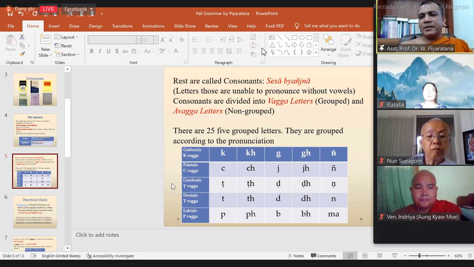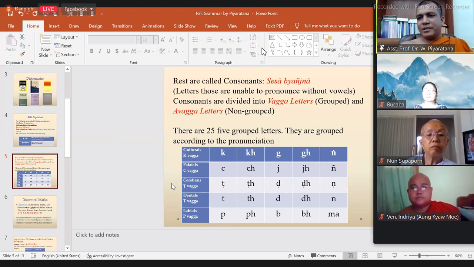I think most of the students who know the Thai alphabet, when they study it, use something additional to remind them how a letter is pronounced. But I think the Thai alphabet is composed exactly based on the Pali alphabet.